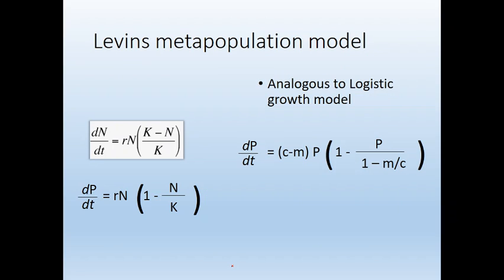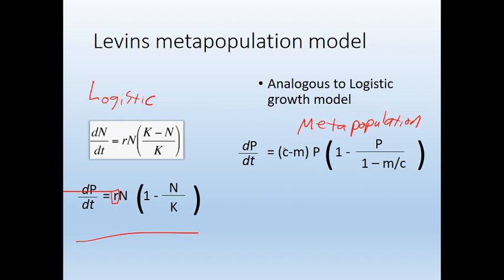Now, what we see then is population growth. This is the logistic model, and this is the metapopulation model here. What we see is they're highly analogous. This is the equation for that metapopulation growth rate, and we're all familiar with this equation. The R here is that per capita growth rate.